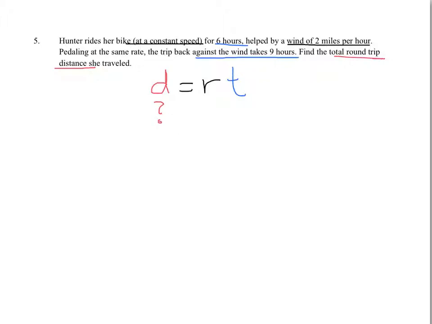Her rate is made up of the rate of the bike and the rate of the wind. Remember that when she travels with the wind helping her, we add the rates together. And when she's traveling against the wind, it's hurting her, or slowing her down, so we would subtract those rates. And her time is information that we know.